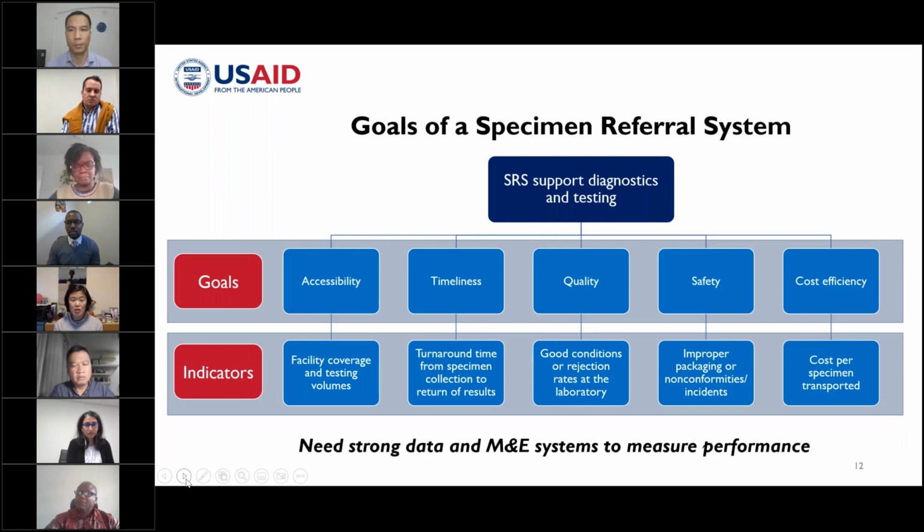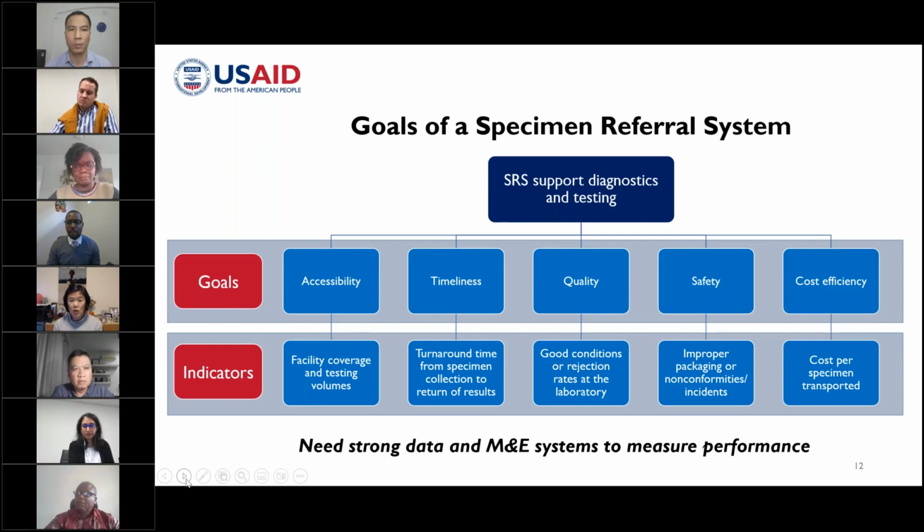We can also look at the goal of timeliness, which is usually the goal that is most talked about when we think about specimen referral systems. Timeliness is usually measured by turnaround time. This is the turnaround time between when the specimen is collected and potentially all the way to when the results are returned.